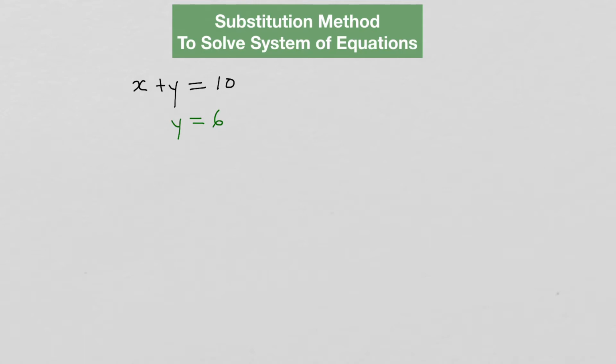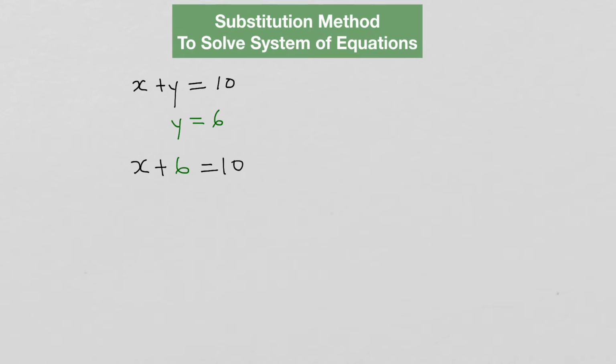So in the substitution method, you are basically going to substitute this y with this y, which is equal to 6. So then this becomes x plus 6 is equal to 10.